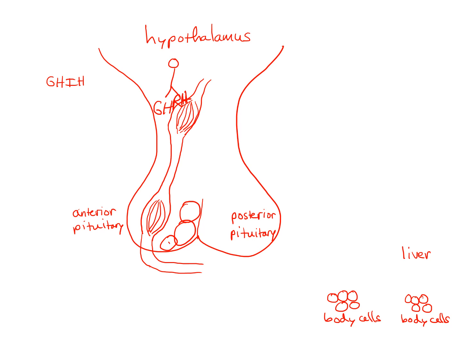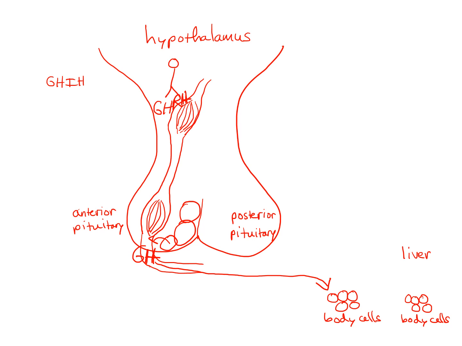So then they will secrete growth hormone into the bloodstream. And then growth hormone is going to take off and has two pathways. So the blood can deliver the growth hormone directly to the body cells, where it can tell those cells to grow or change their metabolism.